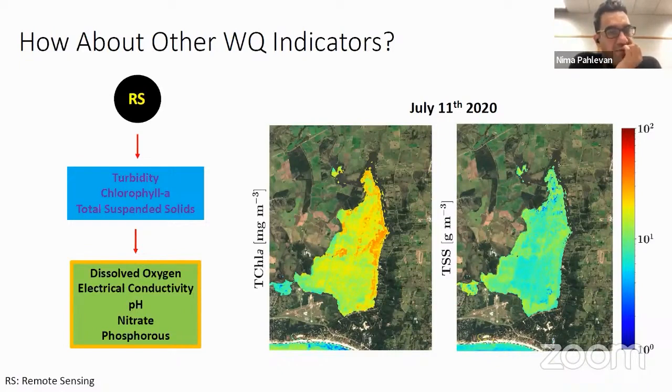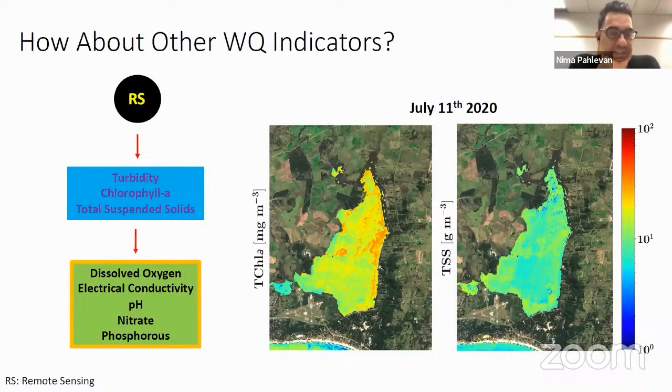So you may be more familiar with other water quality indicators like dissolved oxygen, electrical conductivity, pH, nitrate, phosphorus. These parameters shown in the green box here are considered non-optical proxies. They do not directly impact the color of water. As a result, they cannot be measured directly from satellite.